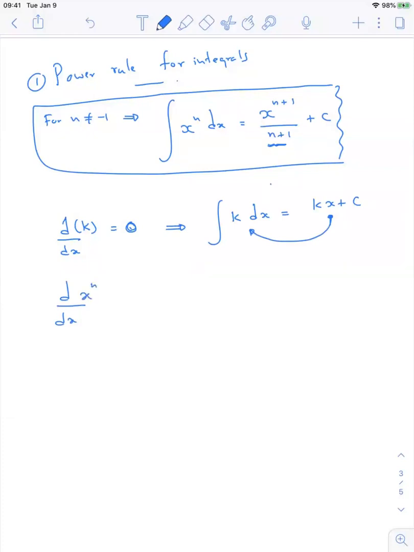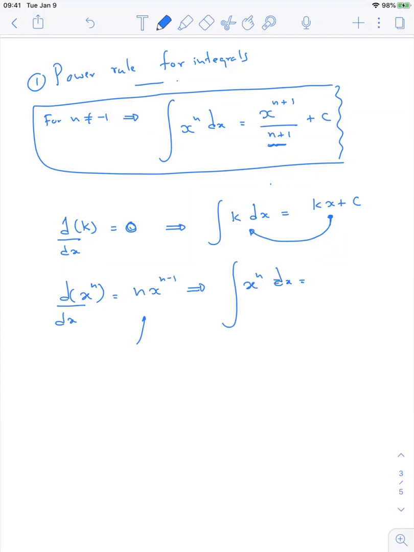When you differentiate x to the power n, you get nx to the power n minus 1, right? So what I have done here, for the differentiation of x to the power n, is look at this answer and do a backward calculation to see how I can obtain the equation.